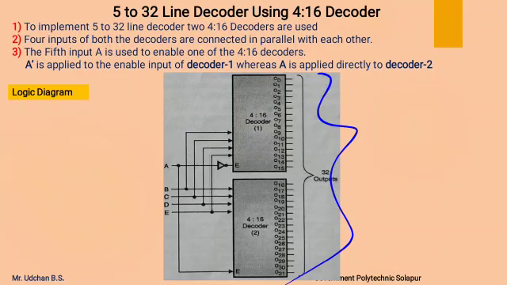After that we require 5 lines at the input side, therefore the 4 input lines of both decoders are connected together to form 4 lines, and the fifth line is used to enable one of the 4:16 decoders. The A input is applied to the enable input of decoder 1 through a NOT gate, and the same input is directly connected to decoder 2, which will form the fifth line of the 5 to 32 line decoder, and which will help to enable any one of the decoders at a time.